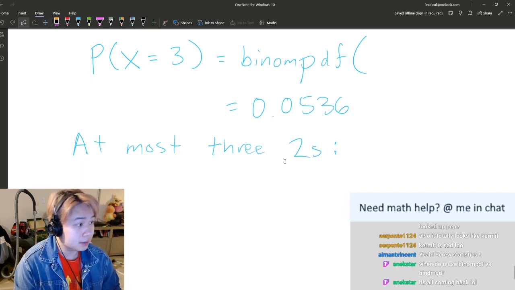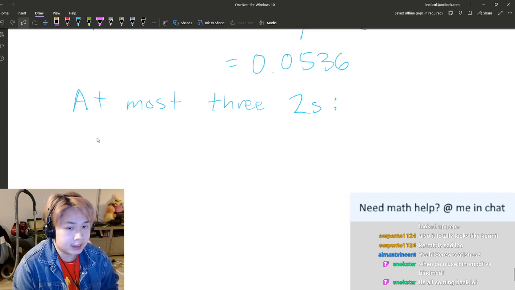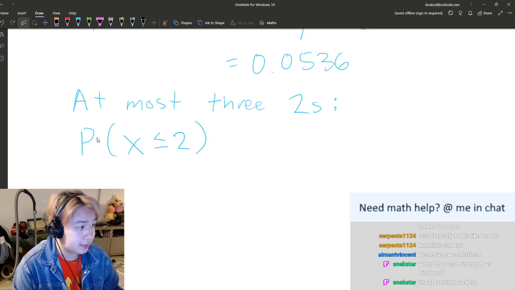So sometimes you'll see the question written like this. This is different because the probability that you're calculating is an inequality. You're allowed to be 3 2s, but also you can have fewer 2s. So X can be equal to 3 or less than 3.